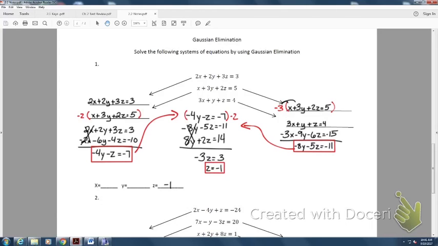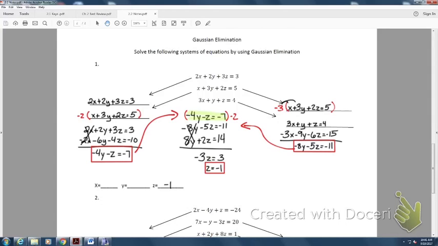Once you find the value of the first variable, now you have to work back through your work, plug it in to get the other values. So I'm going to take that -1, and plug that into that equation right there, without the -2.